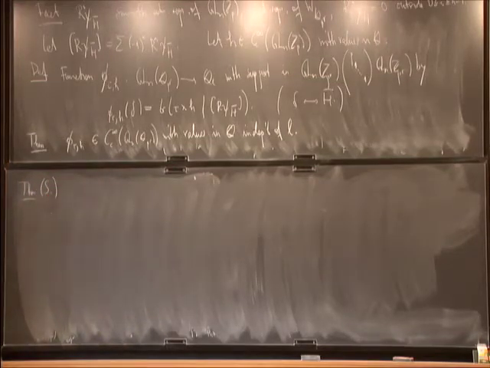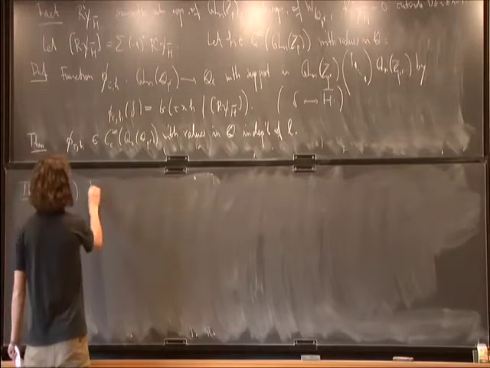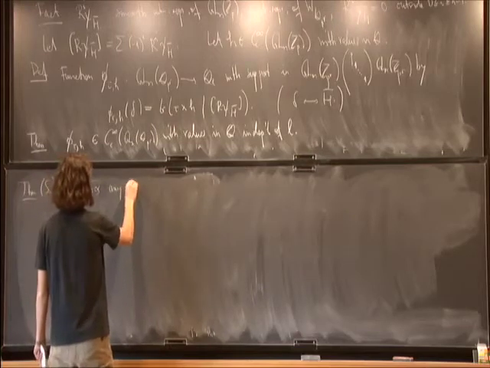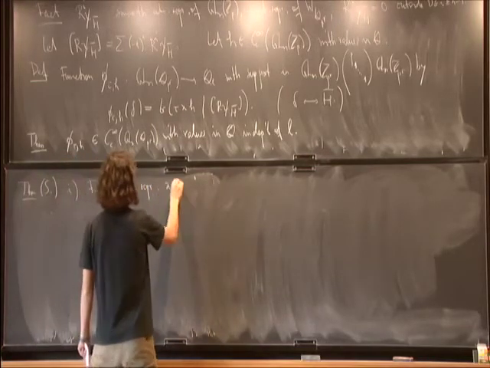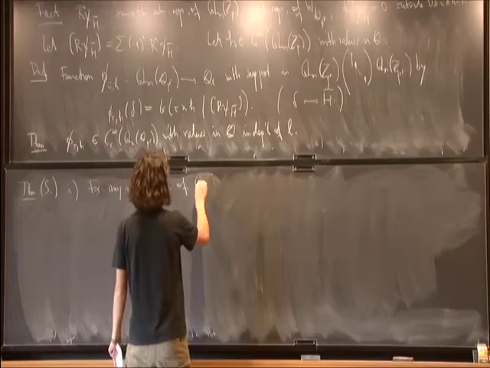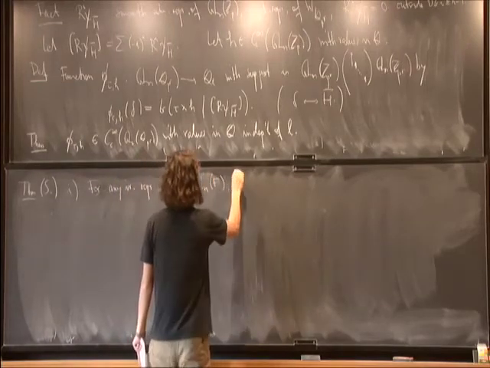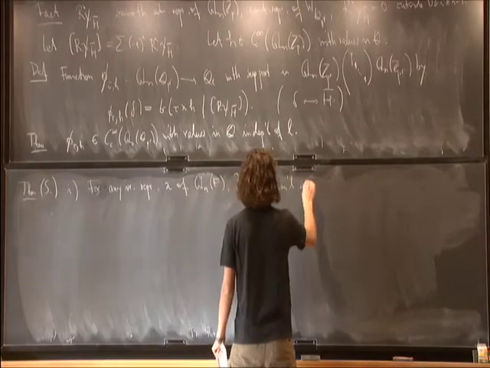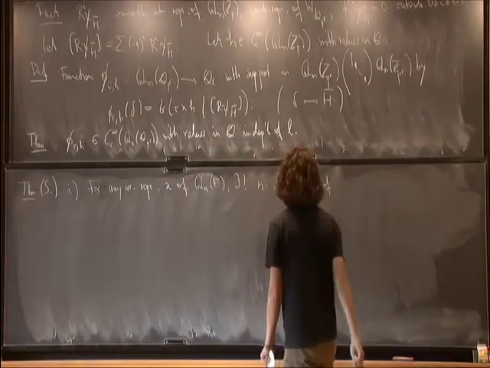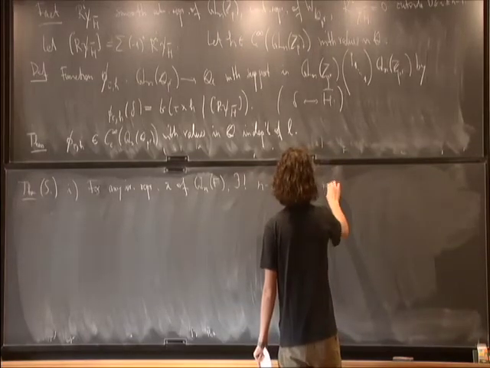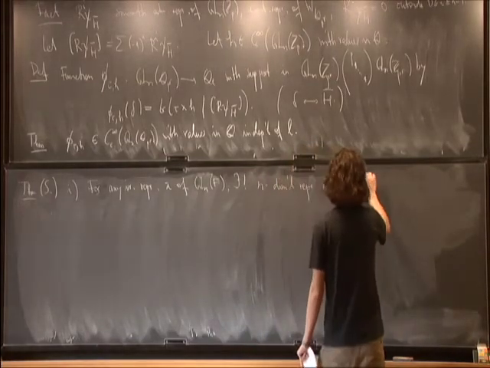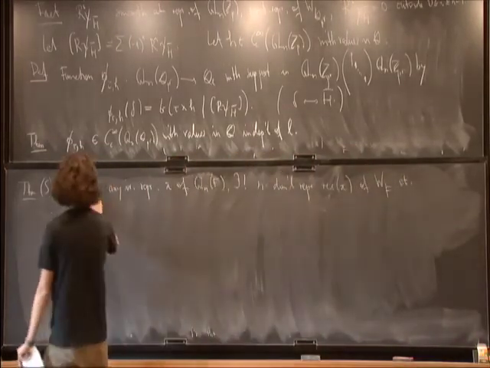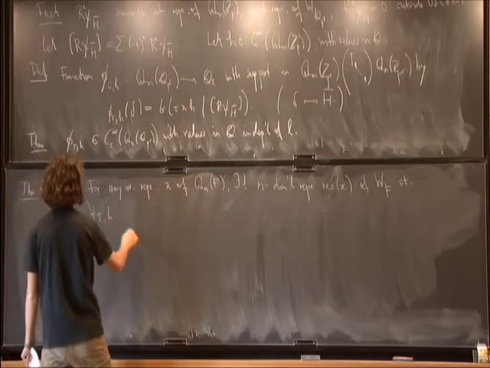The first part is that for any irreducible representation pi of GLn(F), there exists a unique n-dimensional representation, called rec of pi, of the Weil group, such that for all tau and h, the following identity holds true.